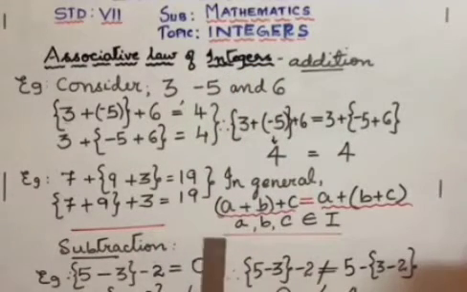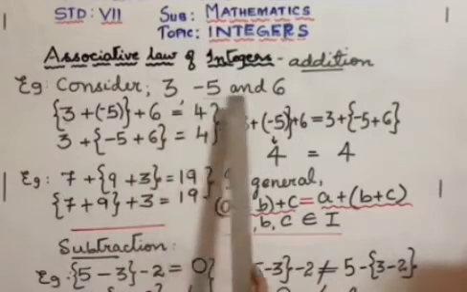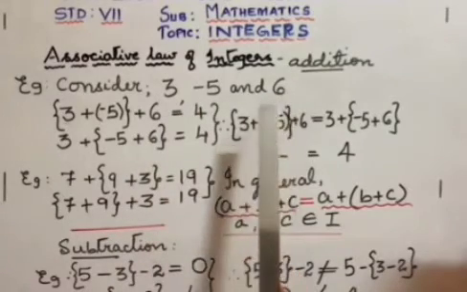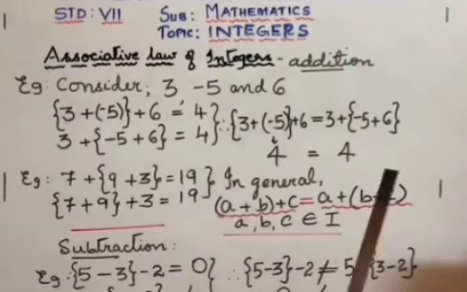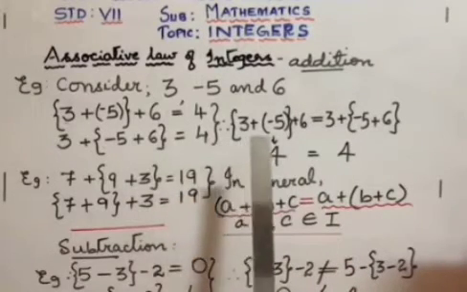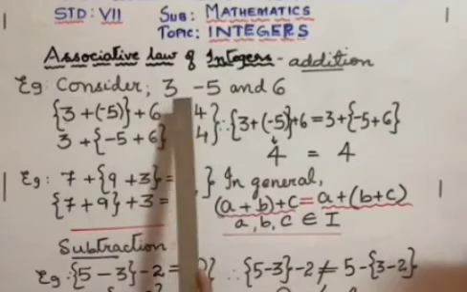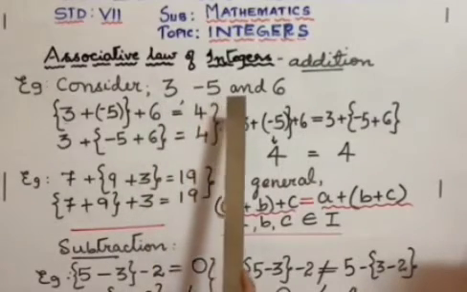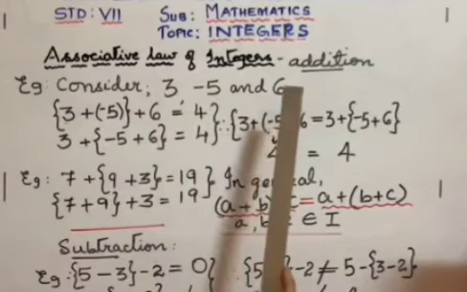Let's see. Here I have taken three integers. Before stating what the property is, you've already done this for whole numbers. Now I am doing it for integers. Now I have taken 3, -5 and 6.